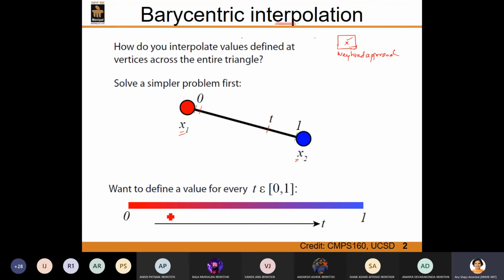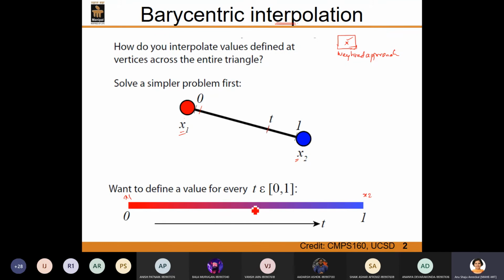So if I take a range from 0 to 1, T equal to 0 is the particular position x1, and T equal to 1 is the particular position x2. At T equal to 0, it gets the intensity of x1, and as it moves further from x1, more and more blue gets incorporated into it.